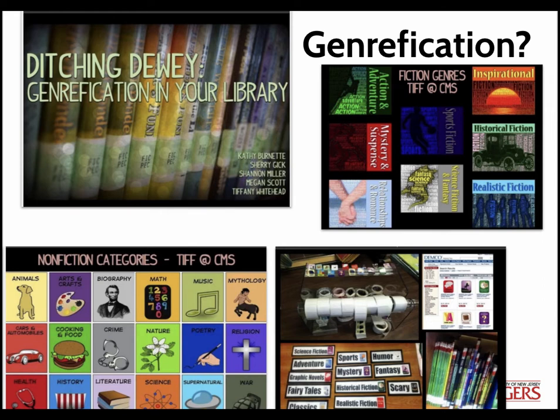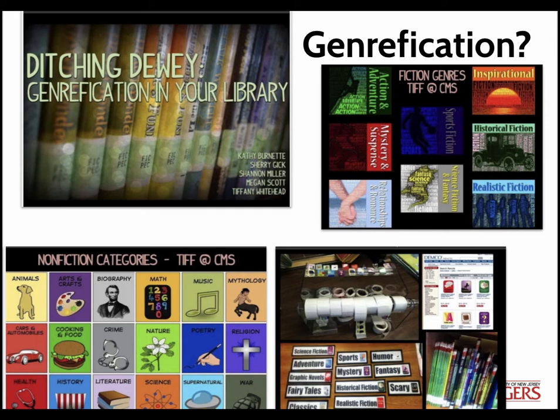And then we're thinking about how to make the books that we order more accessible and more interesting and more engaging. A number of librarians, including Tiffany Whitehead, have been talking about genreification, ditching Dewey either completely or to a smaller extent, to genreify our collections and include fiction and nonfiction together in some way, in some cases, and perhaps put all the sports books together, all the horror books together, all the mysteries together, away from a strict alphabetical arrangement by author name in fiction, and perhaps including sports biography with sports fiction.